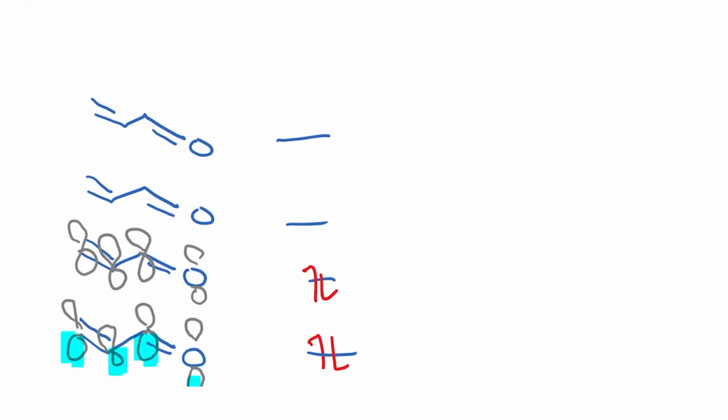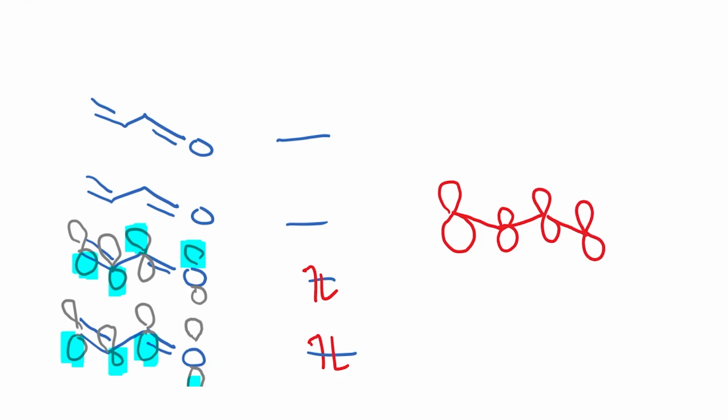And the second one is going to have 2 bonds with favorable overlap. Now coming to the third, which is the LUMO, the lowest unoccupied molecular orbital, the picture looks something like this. A slightly smaller lobe over here, a slightly smaller lobe over here, and then a lobe for the oxygen.